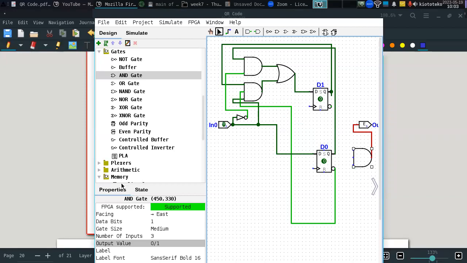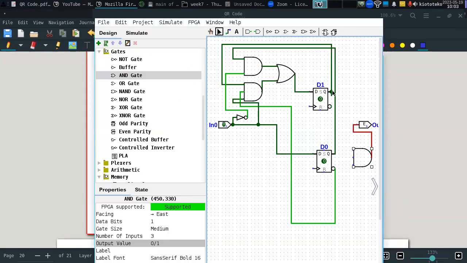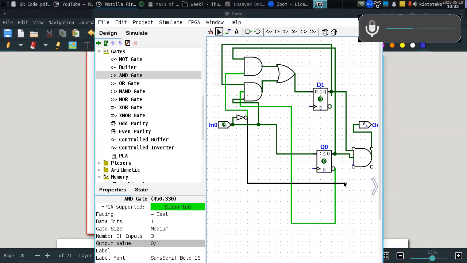And it's what is Q1, Q0, and not input. Q1, Q0, and not input. So yeah, maybe you can draw it nicer than what I'm doing here.